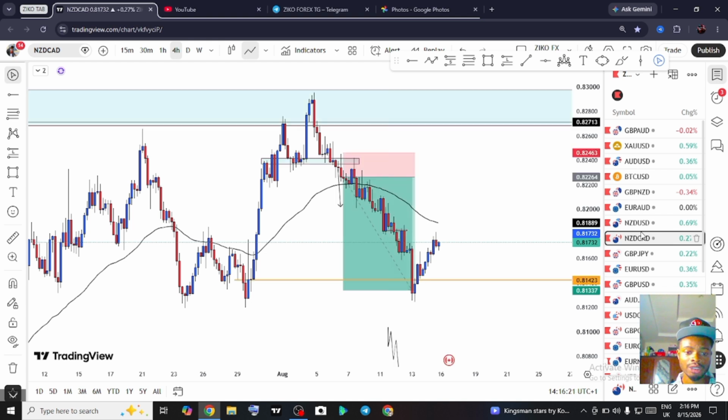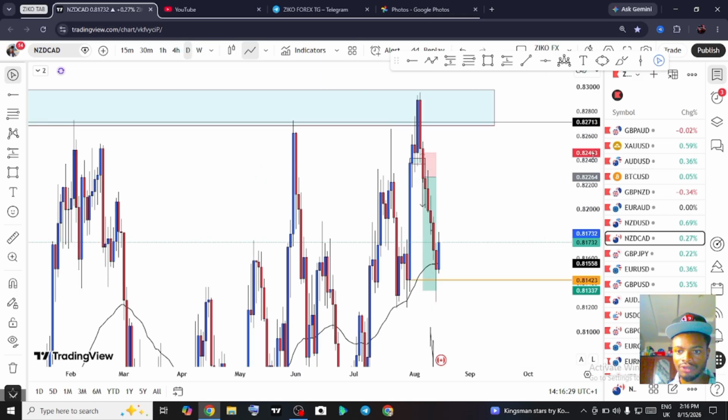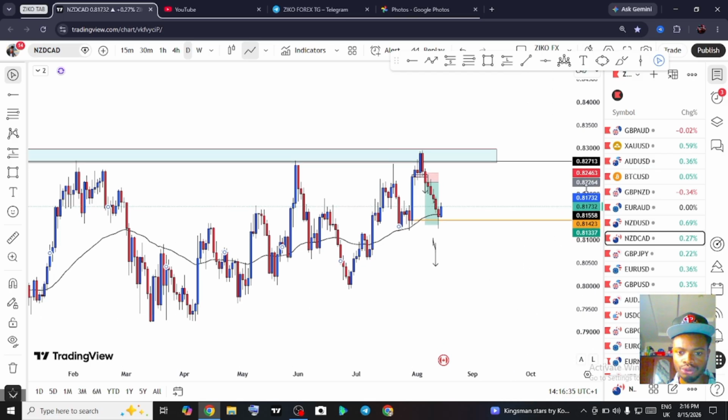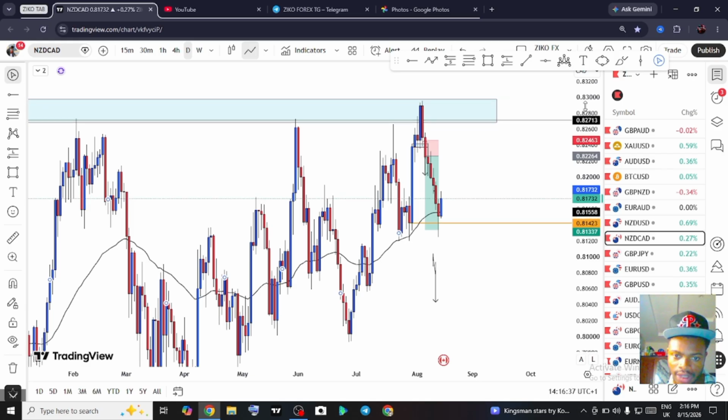NZD card. We have already taken our profit on this market, but I genuinely still believe. Let me look at the daily again. If we can break... no. Let's see. The major area to enter is actually from here because it's a very clean area.